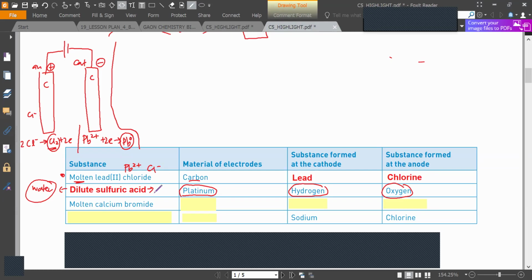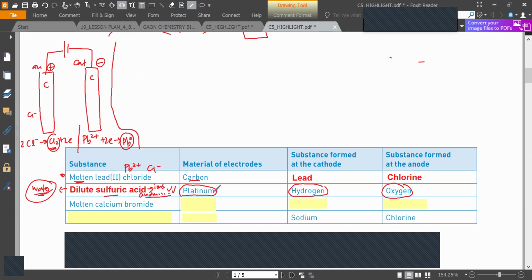Why? Because there will be more ions, so the conductivity will be higher. We add dilute sulfuric acid a little bit to increase the conductivity, so the reaction is faster.